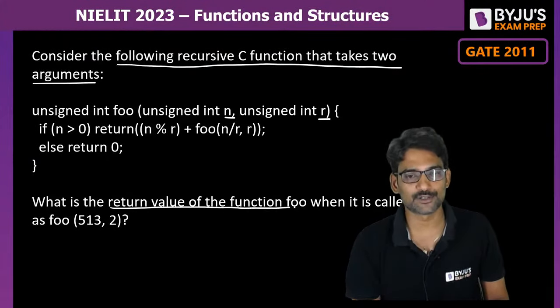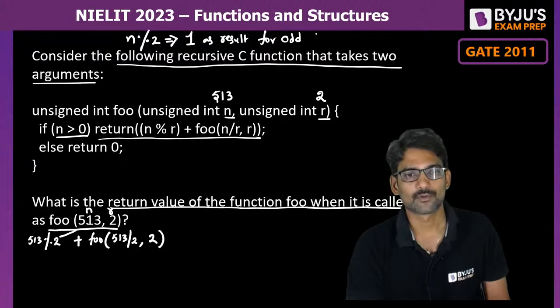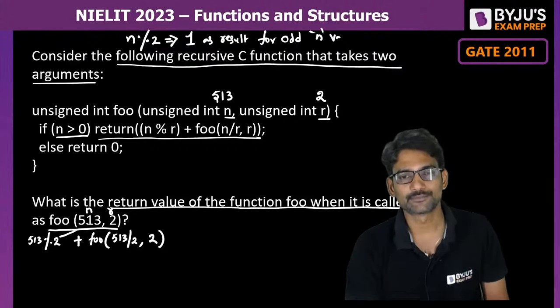Mod 2, whenever you do mod 2, gives 1 as a result for all odd n values and 0 for even n values, because mod 2 means dividing by 2 and checking the remainder.